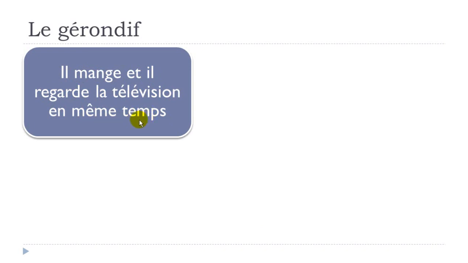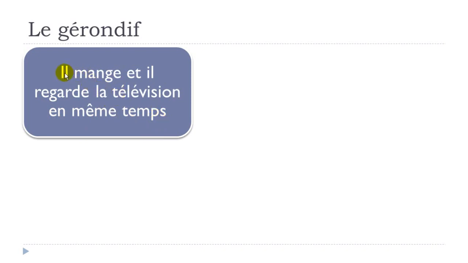So in that sentence, it would be possible, of course, to write this sentence like that. Il mange et il regarde la télévision en même temps. But then, as we saw, and that's the whole idea of this video, we've got this gérondif form possibility just to avoid repeating or using this en même temps, okay, and just to make it shorter.